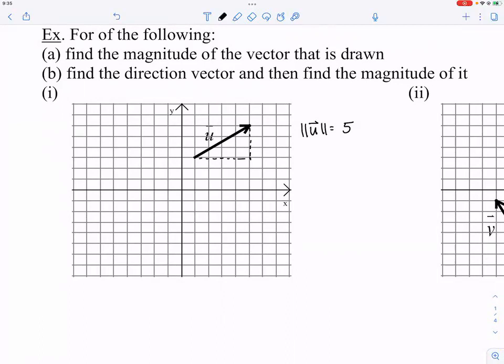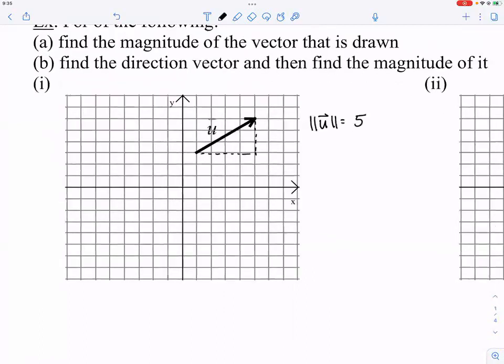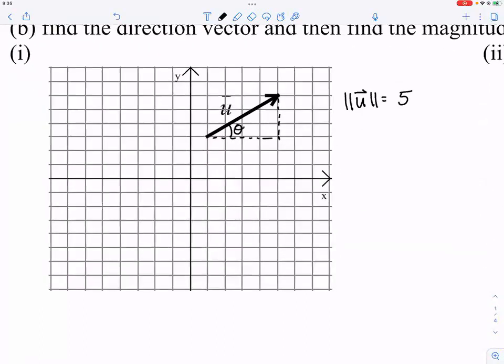Now the direction. This one is a little bit challenging, just a little bit. We would like to know what the angle is right here. How can we find the angle? We have 3, we have 4, and we have 5.